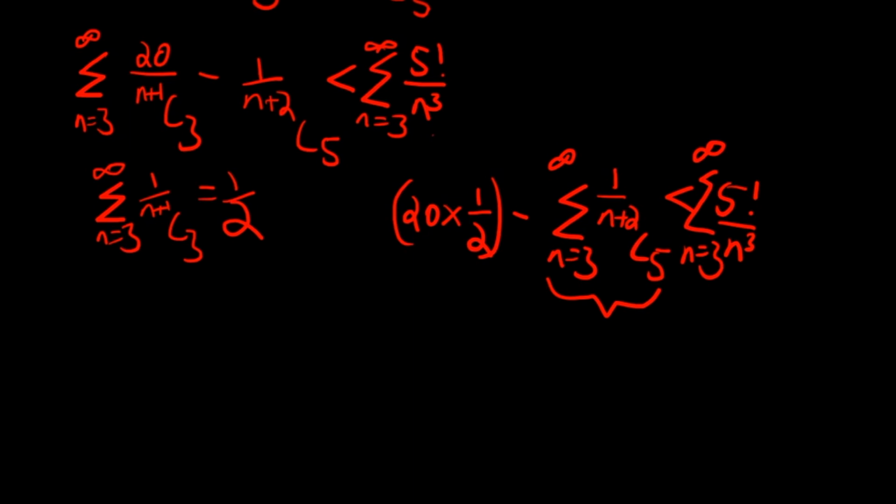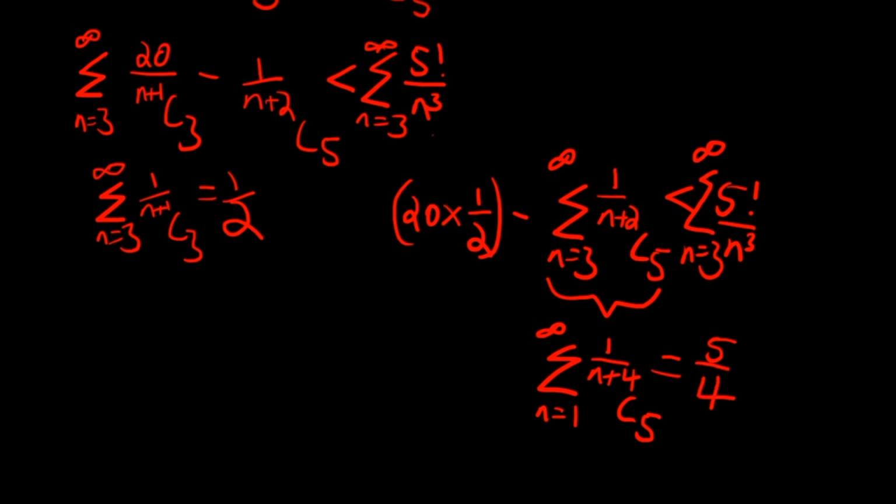And if we want to make this n plus 4 C5, then we need to start the sum from n equals 1, so that the first term is 1 over 5 C5. So this sum here is the same as the sum from n equals 1 to infinity of 1 over n plus 4 C5. And if we use our sum, which is r plus 1 over r, this is going to be equal to 5 over 4.